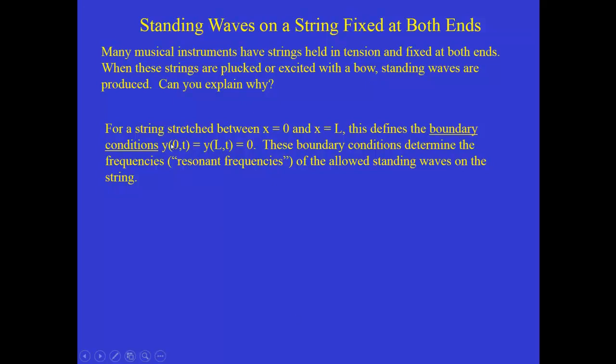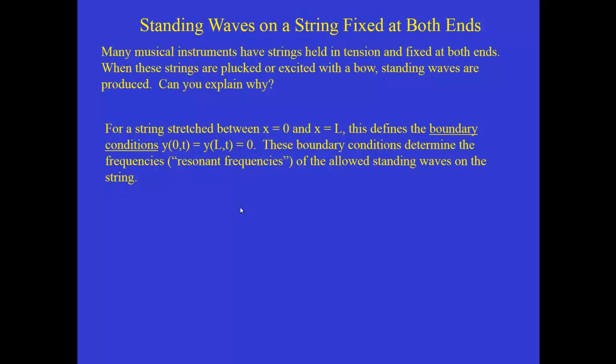Basically what they tell us is that the string at those two positions cannot move. It's completely fixed. So the y value in our standing wave function at x equals 0 is equal to 0. And the same thing is true at x equals L. So the two endpoints have to be points of nodes where the string cannot vibrate at all.